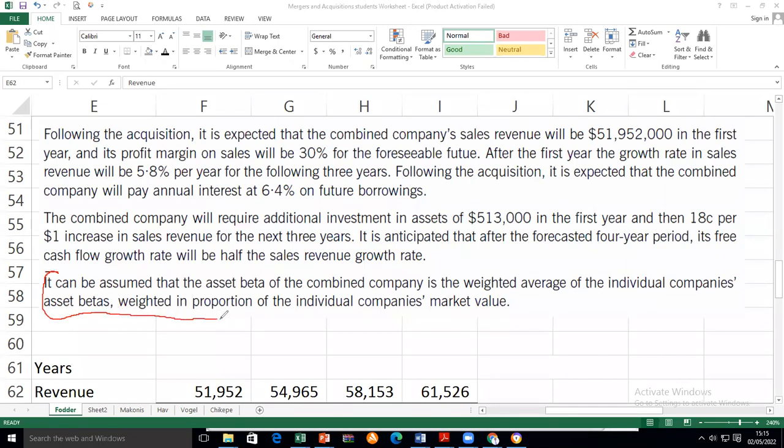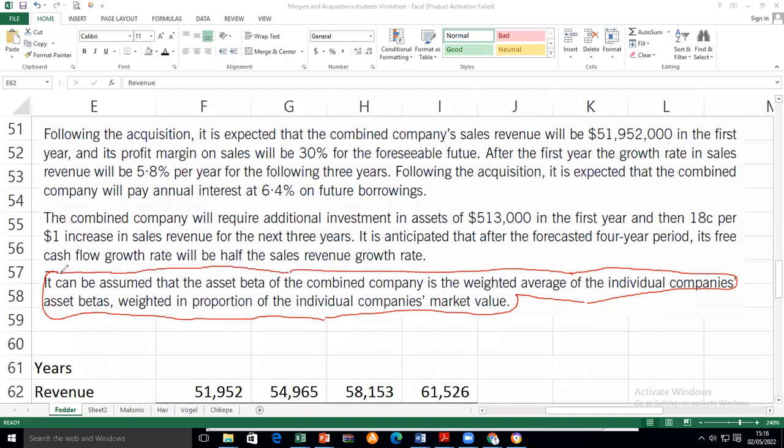This statement that is here, you can take it like a statement that applies in almost all situations for this examination. So what does this statement say? It's here, I've circled it for you. It can be assumed, that's the assumption you're going to make.